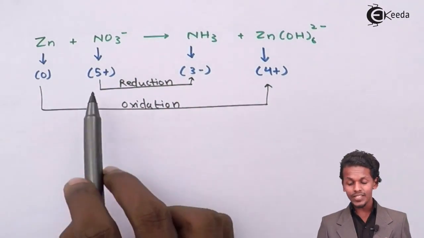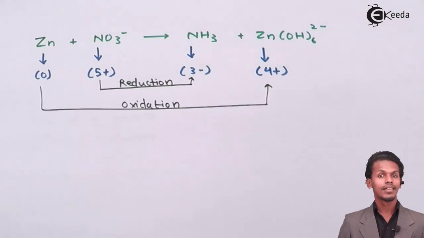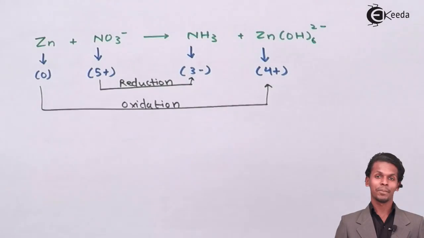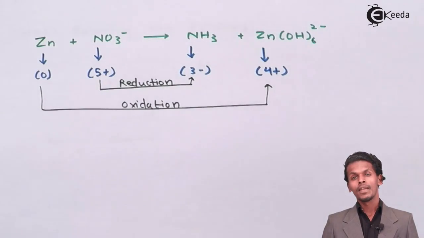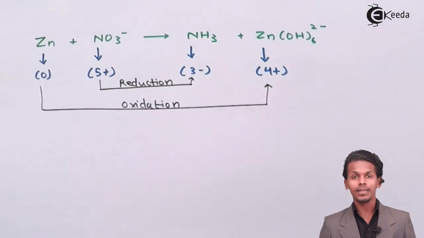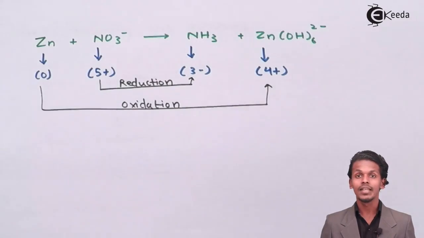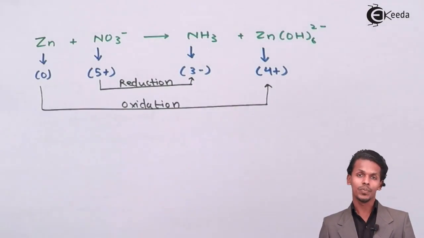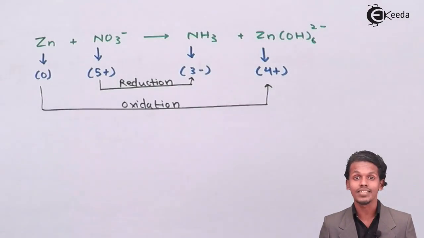While for conversion of +5 oxidation state to -3 oxidation state, how many electrons are gained? I'll give you a rough idea. If +5 oxidation number gains 5 electrons, what would be the oxidation number? Yes, it would be 0. But we have to take that 0 value to -3.